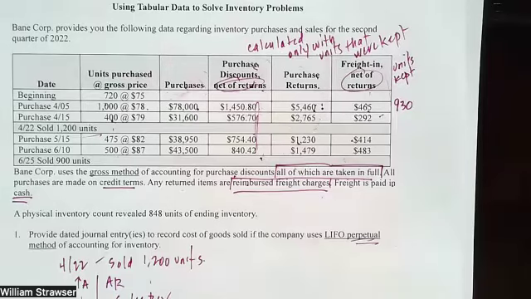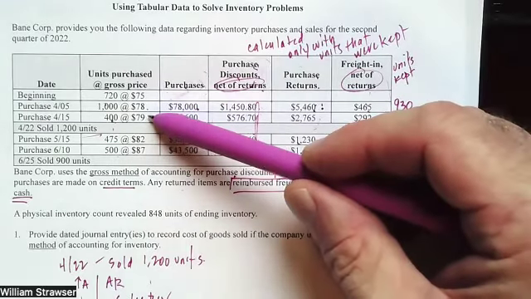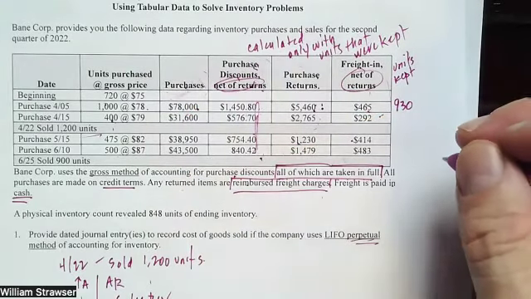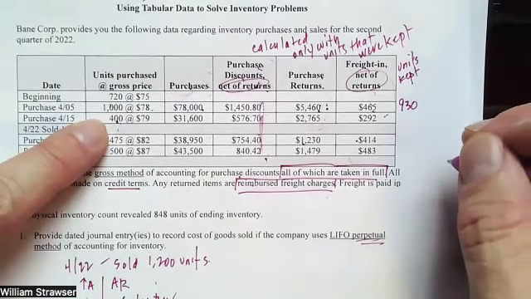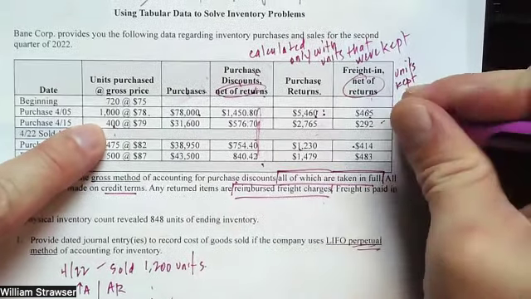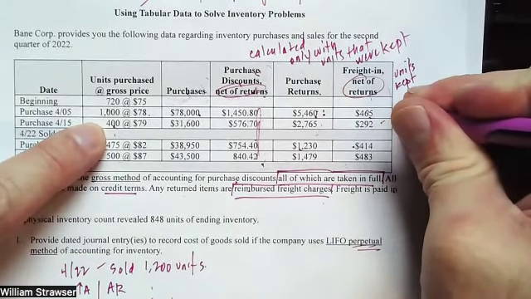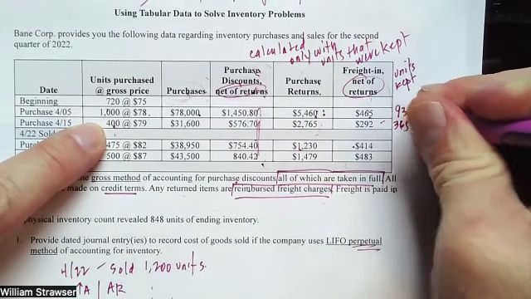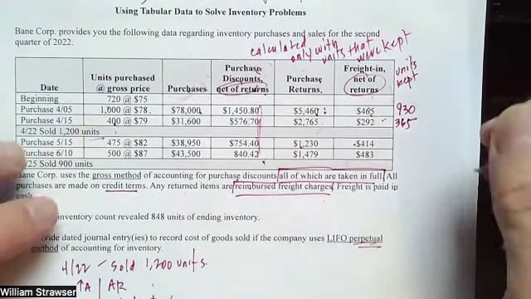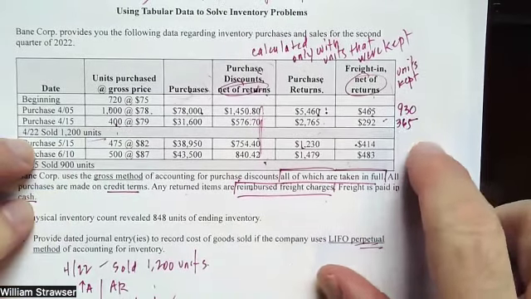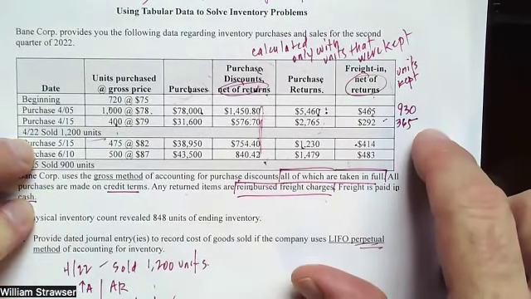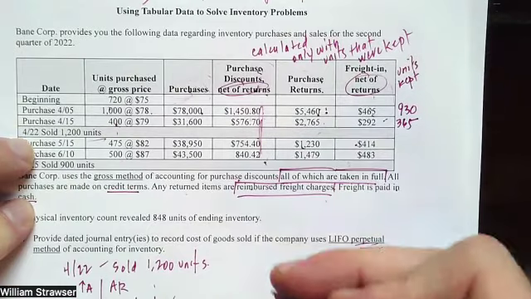So if I divide that by 79, the gross price, I get 35 units returned. 35 units returned from the 400 gets me 365 units kept.